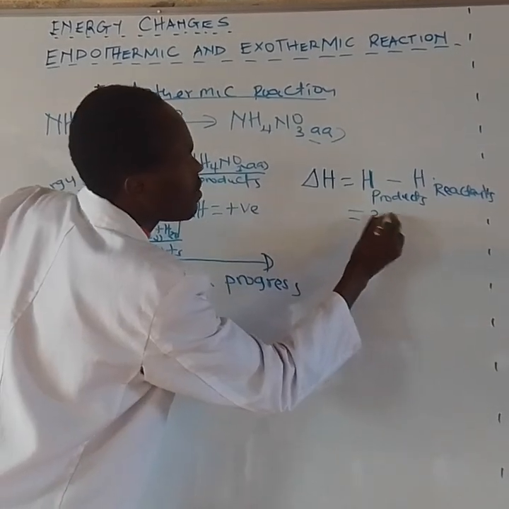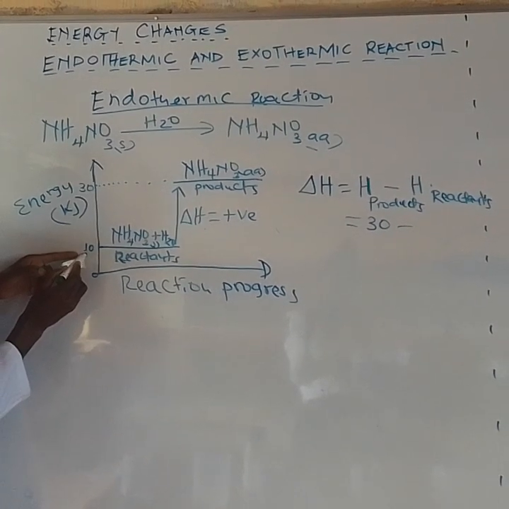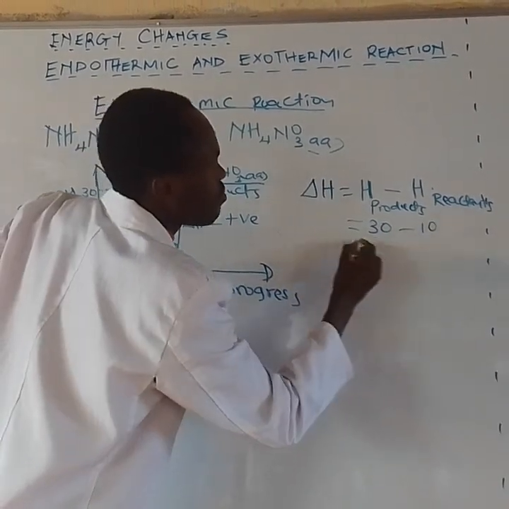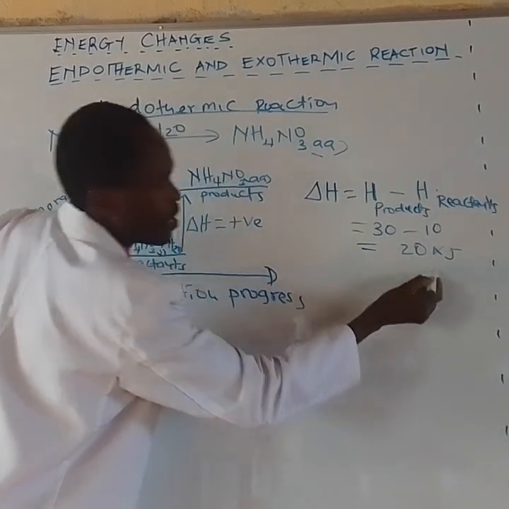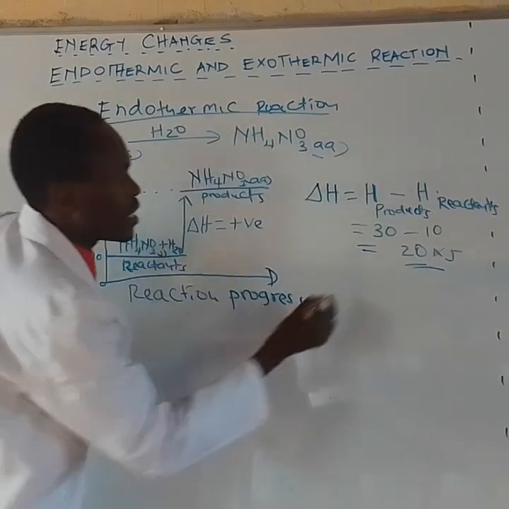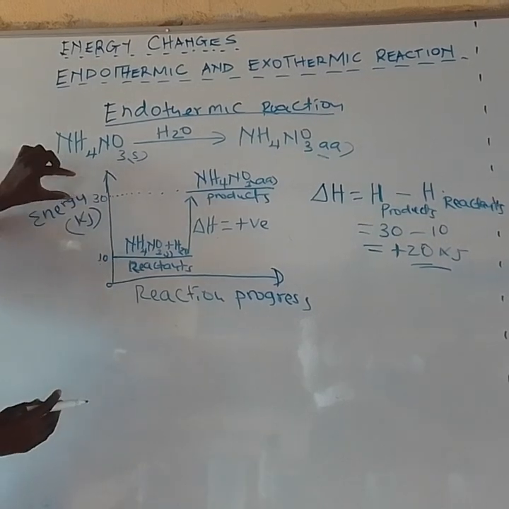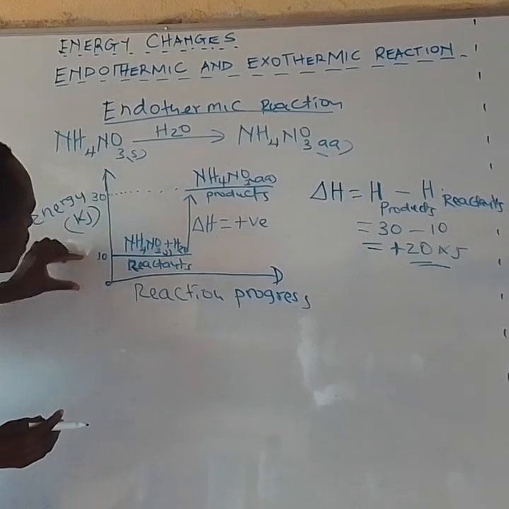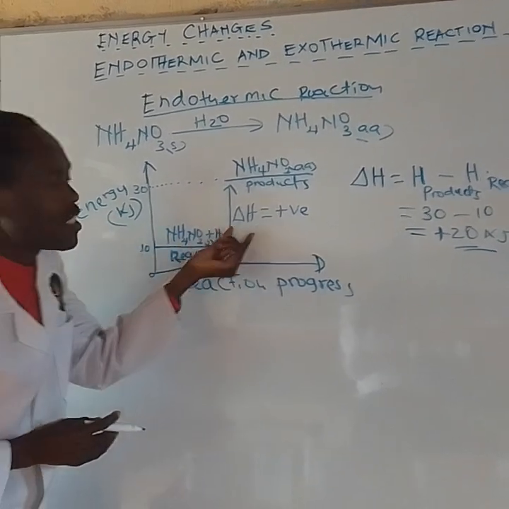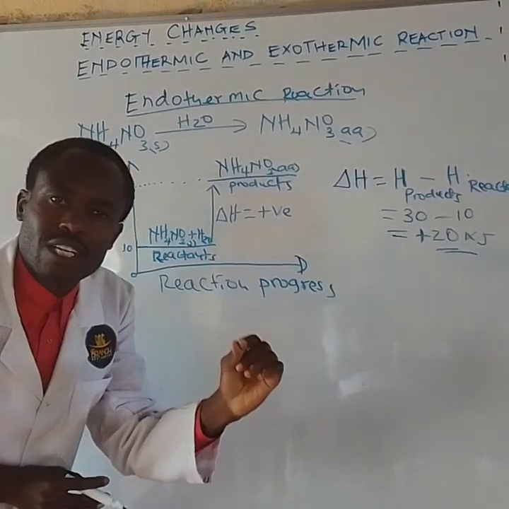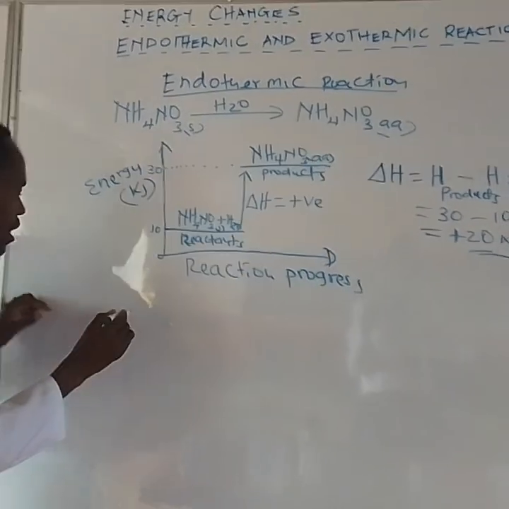So if you take 30 minus heat of the reactants, that is energy of the reactants, that is 10, you get 20 kilojoules. And this 20 is what? Positive. So if the enthalpy of the product is more than the enthalpy of the reactants, always the heat change will be positive. Endothermic reaction.